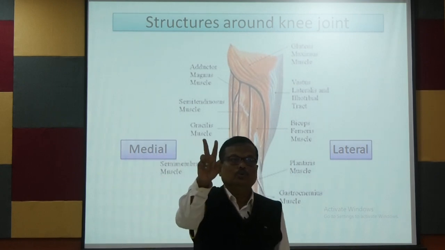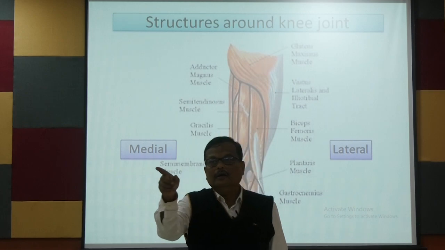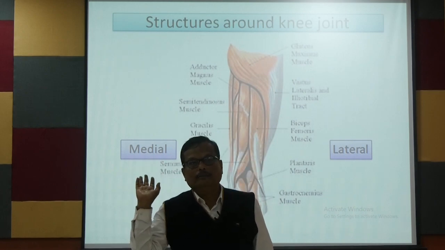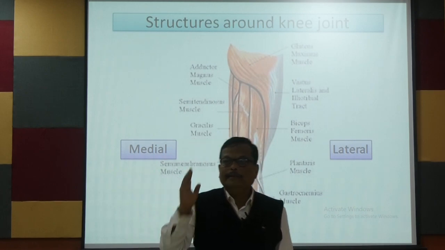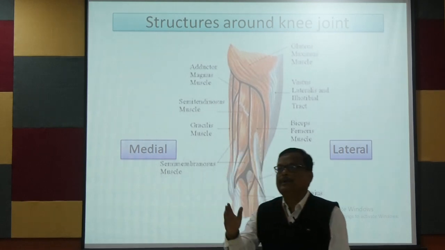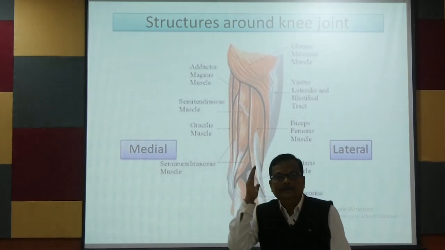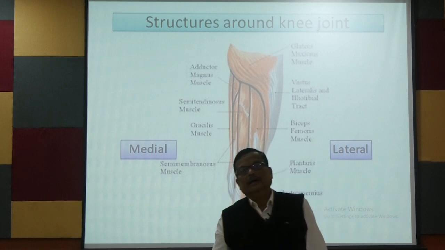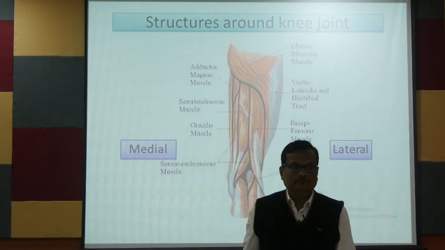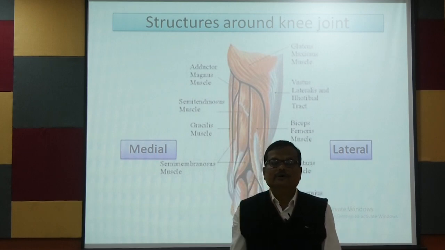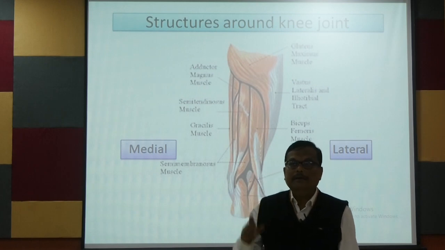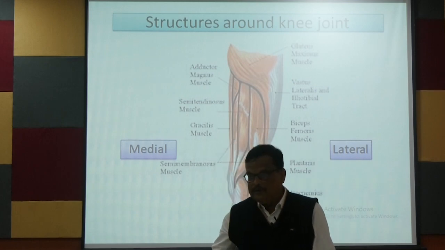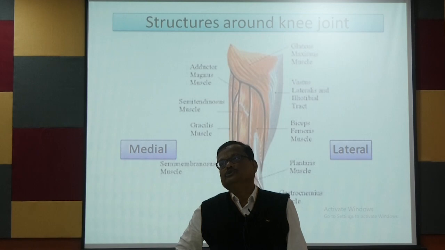Sciatic nerve has got two components, tibial and common peroneal. So hamstring muscles should be supplied by the tibial component of the sciatic nerve. Action. They must be flexors of the knee joint and extensors of the hip joint.